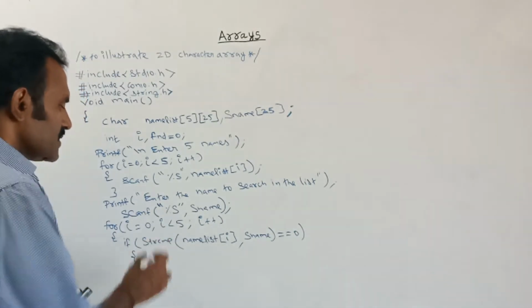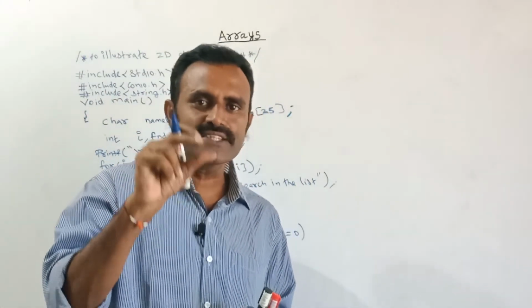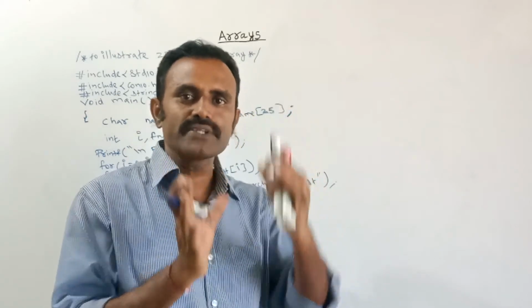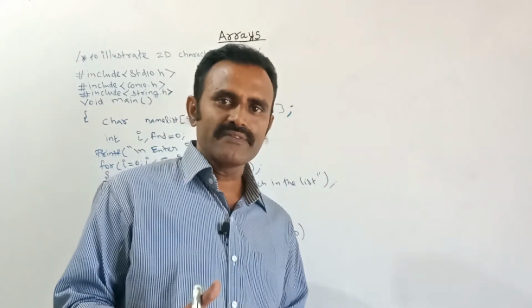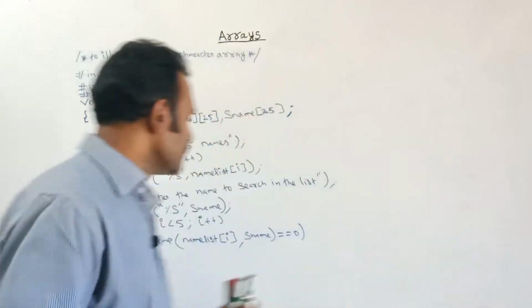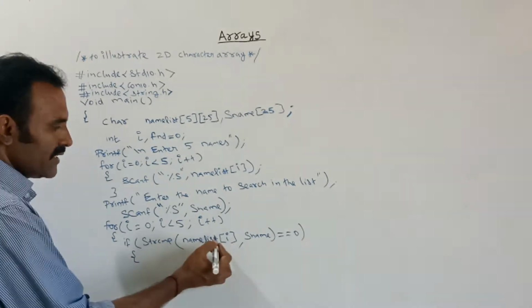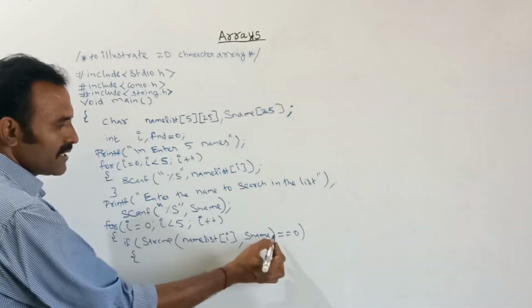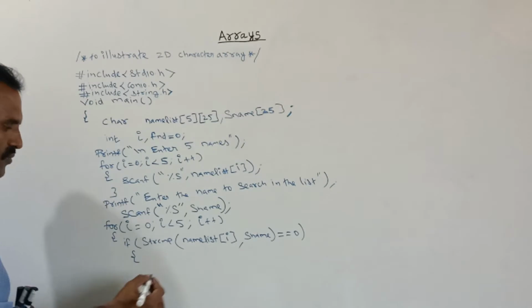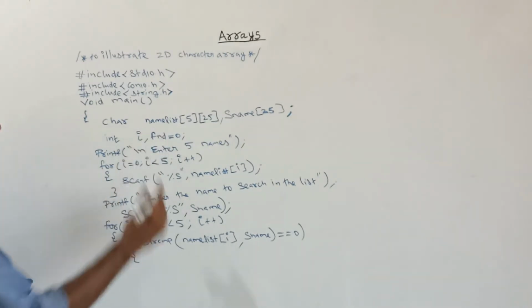You know, the string compare function always returns some value. If it returns the value 0, then both the given strings are equal. Otherwise, both strings are not equal. So here the two strings are the first one, the name in the name list, and here sname. If it is equal to 0, then the condition is true. Here I am telling it to increment the fnd value.